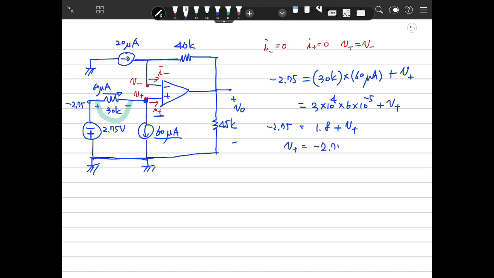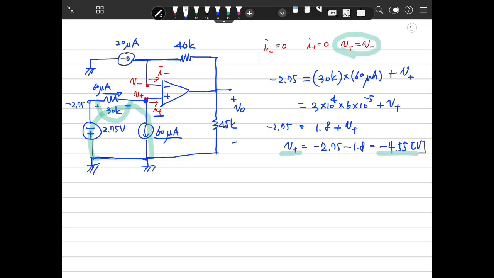So V plus is minus 2.75 minus 1.8, which will be minus 4.55 volts. So based on this loop, we calculate the V plus is minus 4.55.